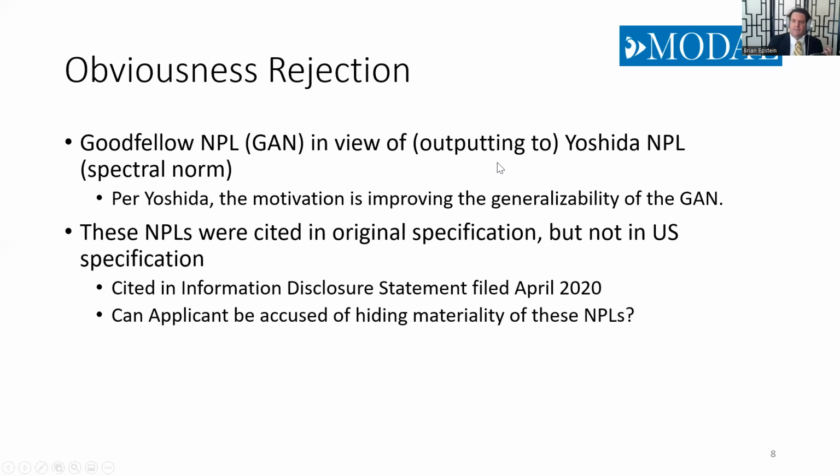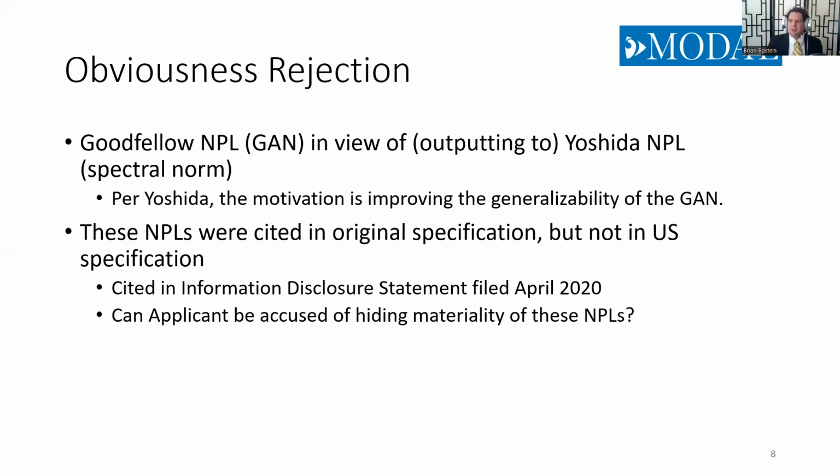Per the Yoshida reference, the motivation for doing that is improving the generalizability of the GAN. My point is that this is not a stretch. This is not me being creative. This is exactly what the Yoshida reference is supposed to do, which is to generalize a GAN, and Goodfellow teaches a GAN.